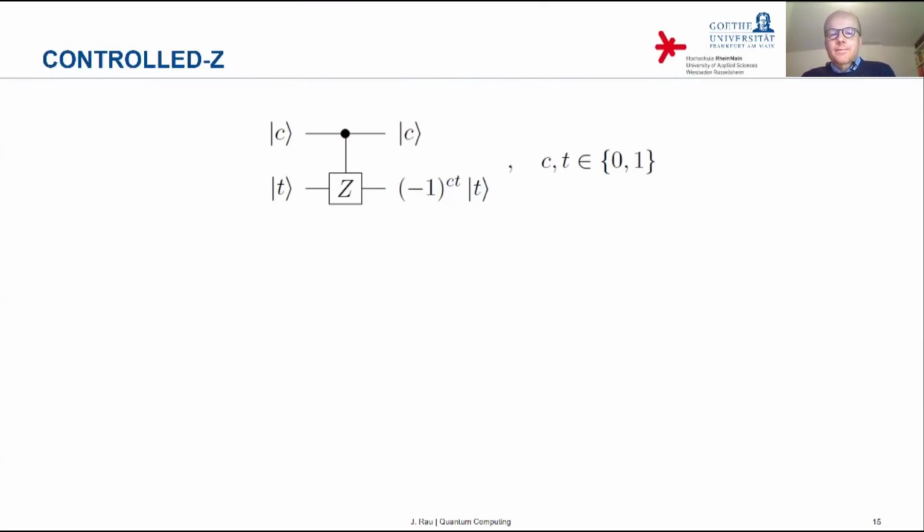It's similar because in the CNOT, the NOT operation, this flip of the target basis state, that's a Pauli X. We saw previously that the Pauli X is the quantum analog of a classical negation. It flips the basis state. So you could actually regard the CNOT gate also as a controlled Pauli X gate.